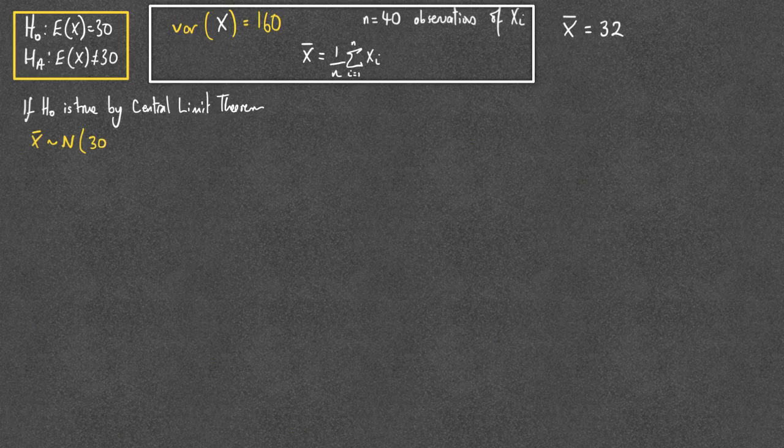So the variance of x is equal to 160, so the variance of x bar is going to be equal to 160 over 40, or equal to 4.